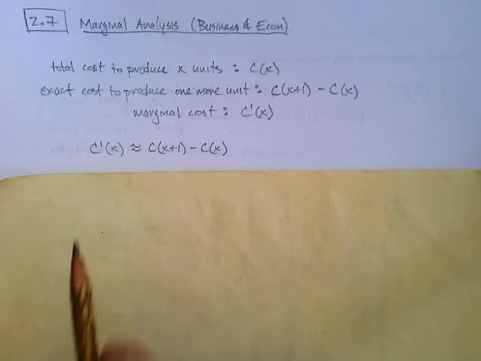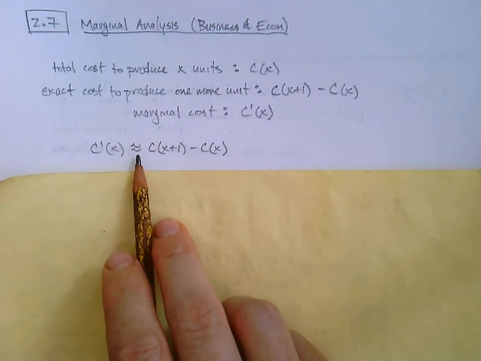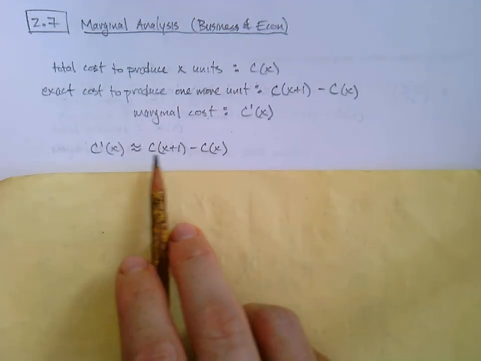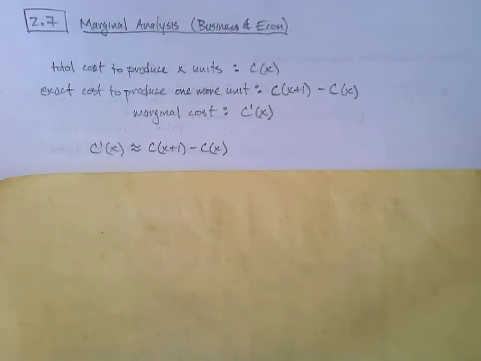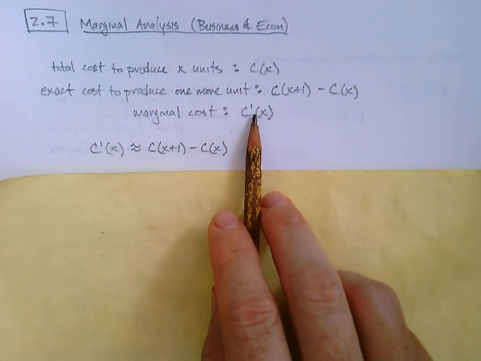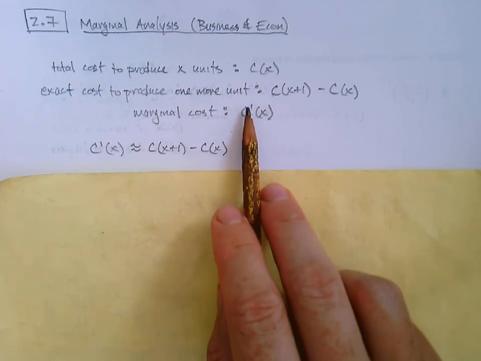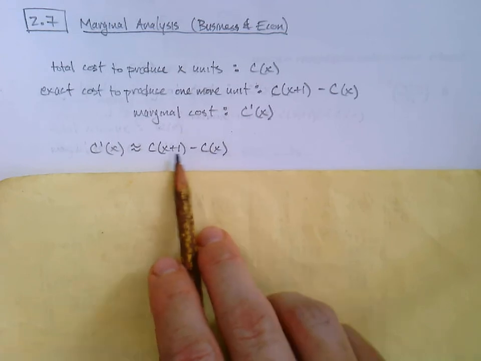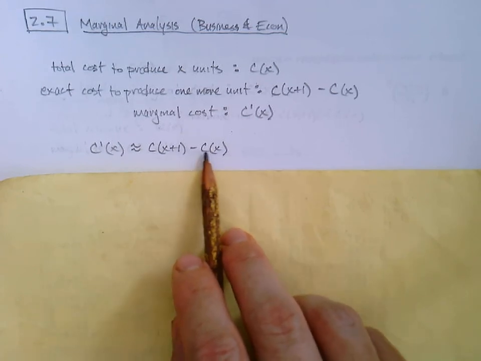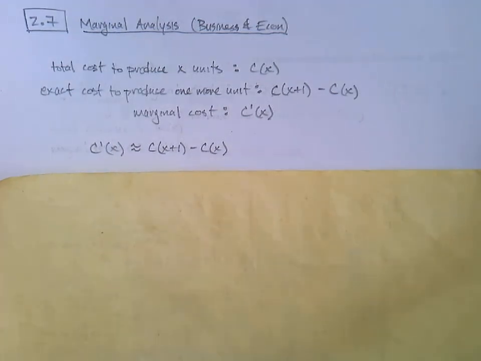It turns out the marginal cost very accurately approximates your exact cost. The value of this derivative for a particular X value very closely predicts the exact cost to produce one more unit than that. And we'll see that in a graph after we do an example here.